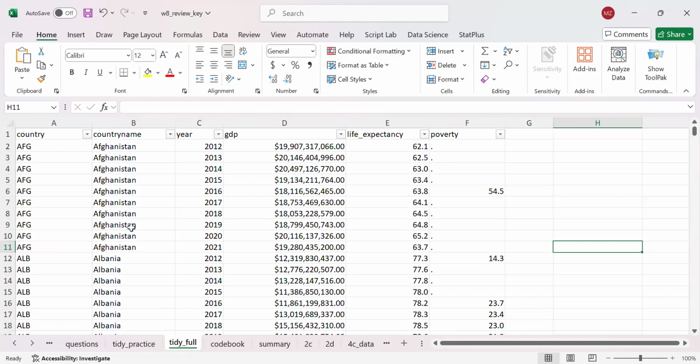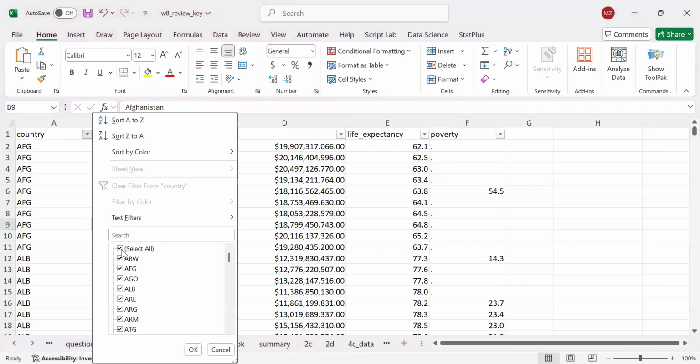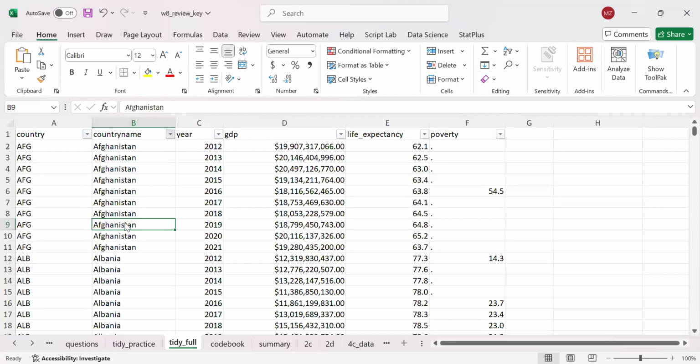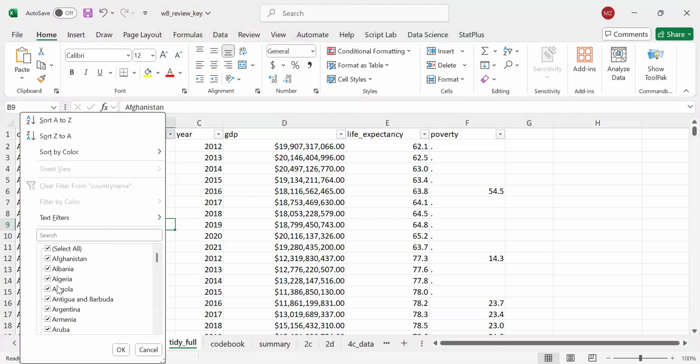In this sheet, you can filter for Germany and Ireland again by country name, sorry. Pick Germany and Ireland from here.